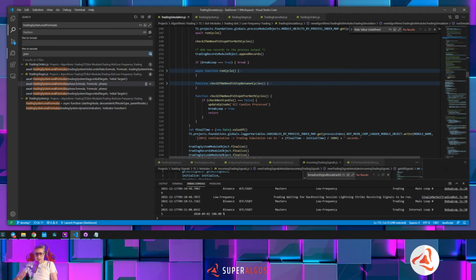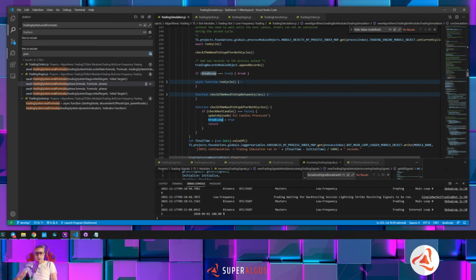So it is a way to break the loop in a way that is not harmful. Yeah, because it does an append records, and then it breaks the loop.